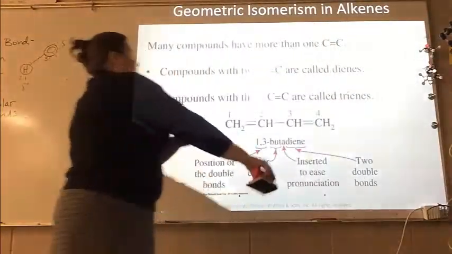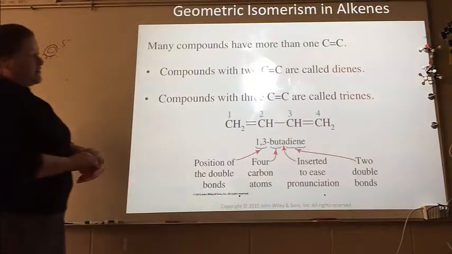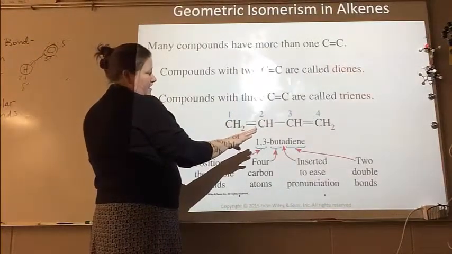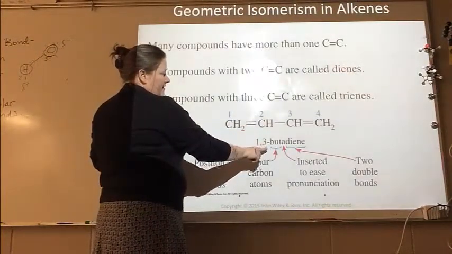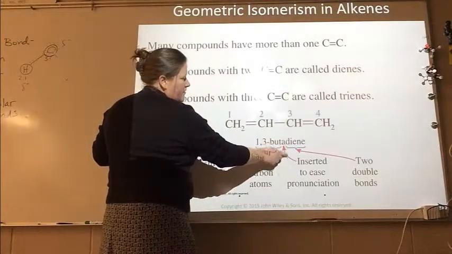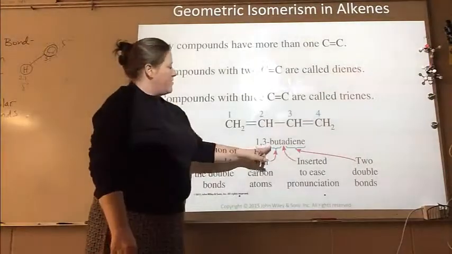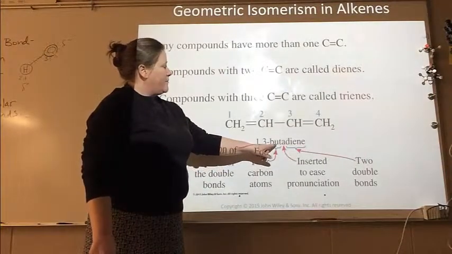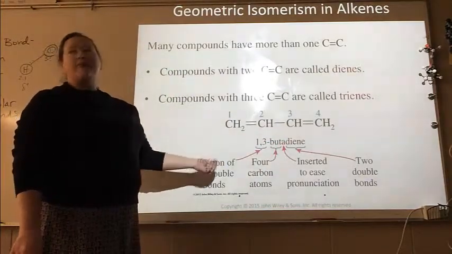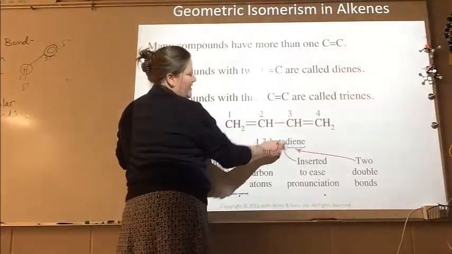So this was butene, and I like how it says we insert an A there to ease the pronunciation. So 1,3-butadiene, rather than saying 1,3-dibutene, we put the di in the middle of the name.